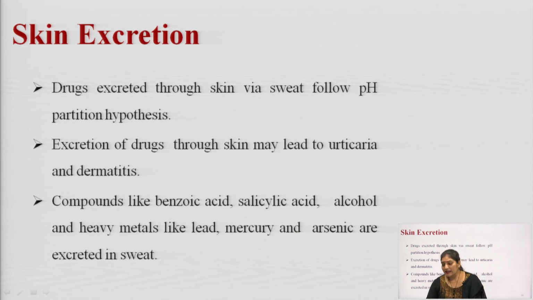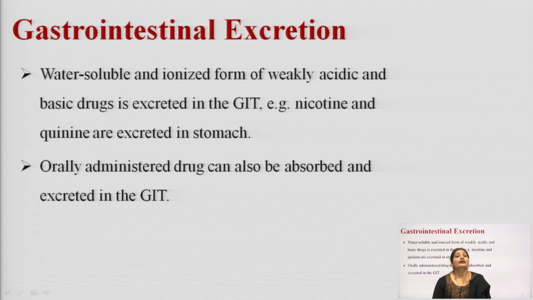Okay. Next type of excretion is the gastrointestinal excretion. Okay. The excretion of drug into the GIT, that is the gastrointestinal tract. Okay. So, the excretion of drug into the GIT will occur after the parenteral administration when the concentration gradient for the passive diffusion is favorable. Okay.